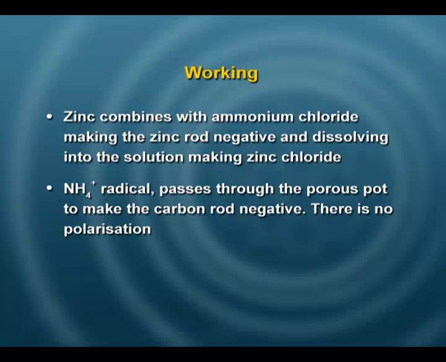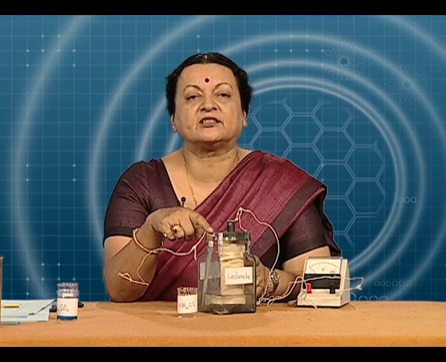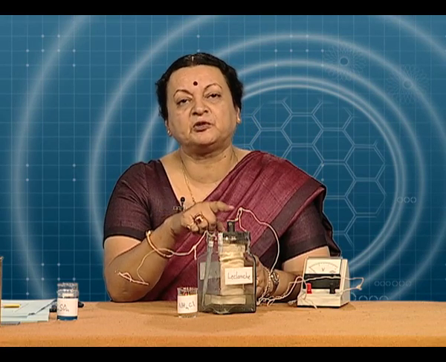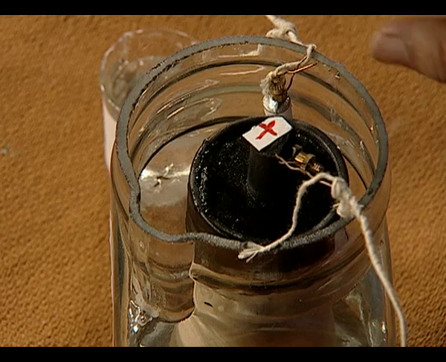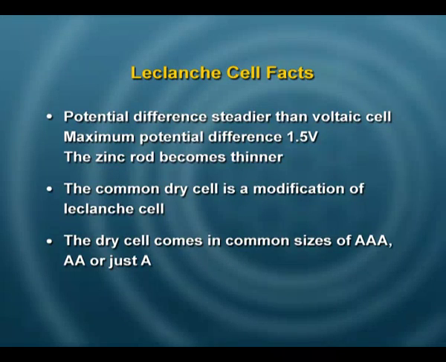The MnO2 acts as a depolarizer, the carbon inside it is a conductor, and you get a fairly good sustainable potential difference between the carbon rod and the zinc rod. Remember, the carbon rod becomes positive and the zinc rod becomes negative.